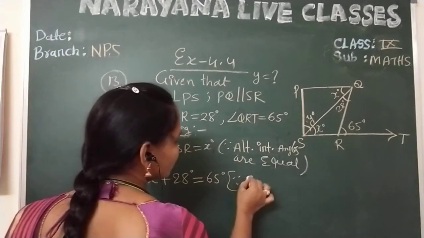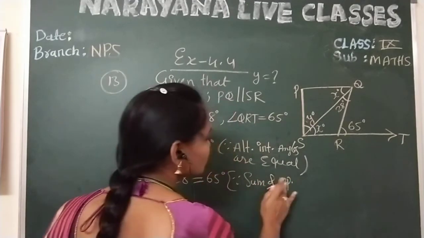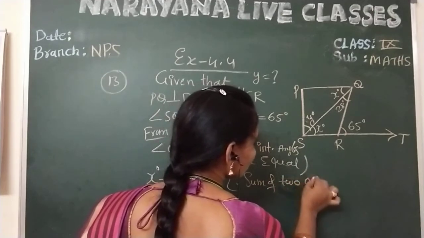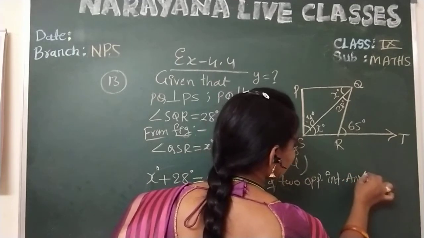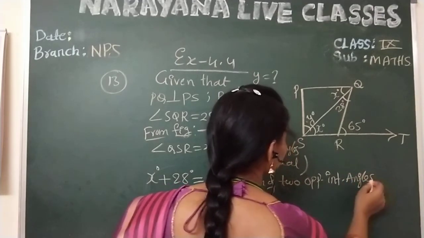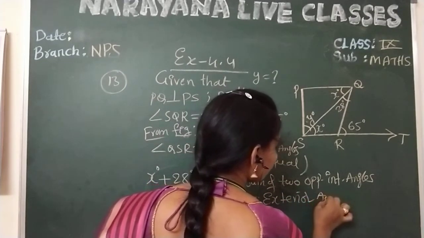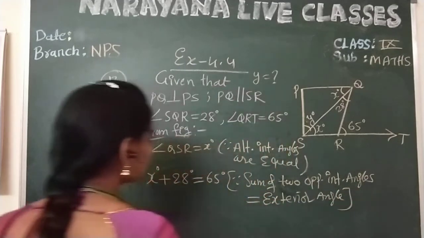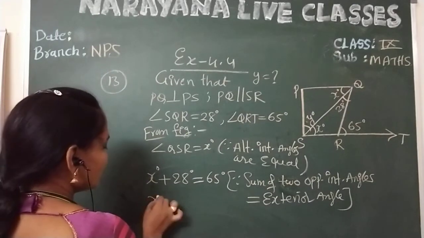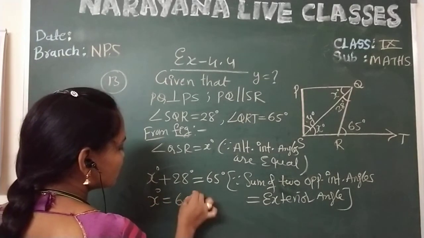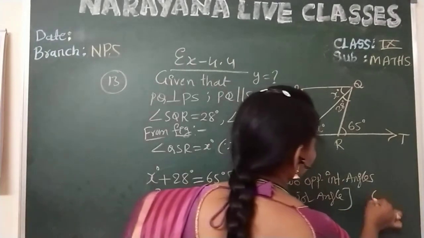So x degrees plus 28 degrees is equal to 65 degrees. Now you can find the x value: 65 degrees minus 28 degrees. Now you can do the subtraction.